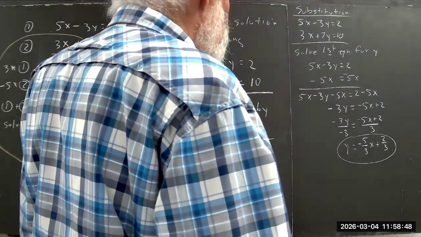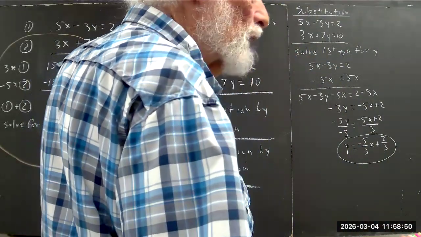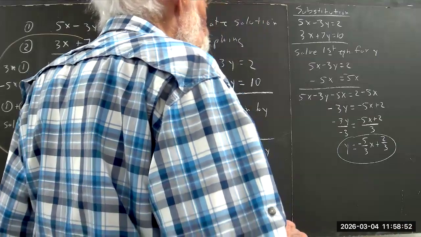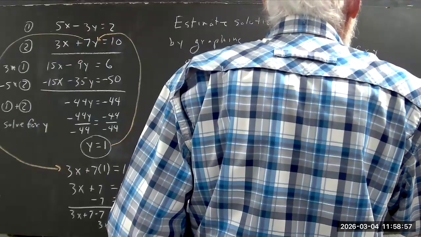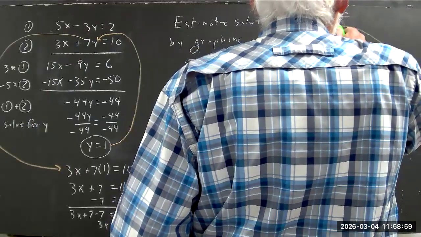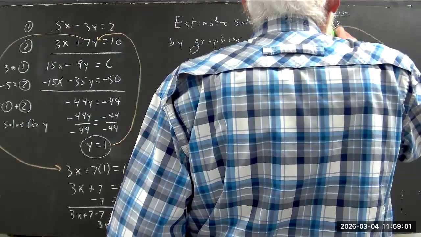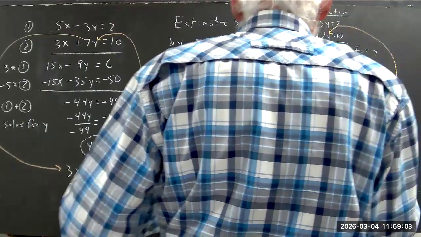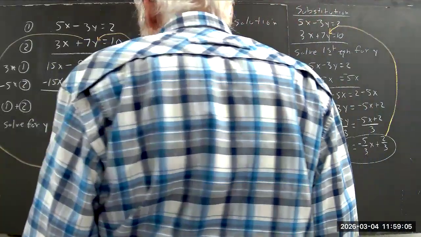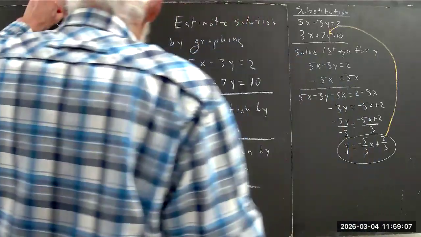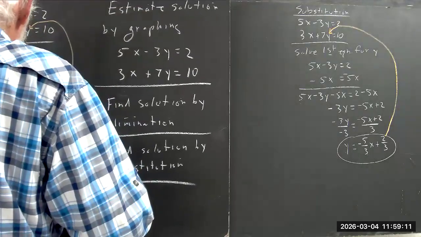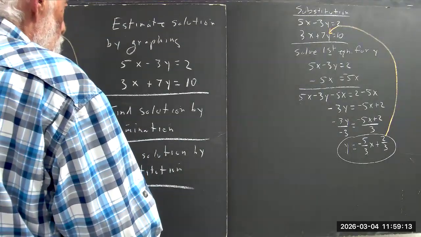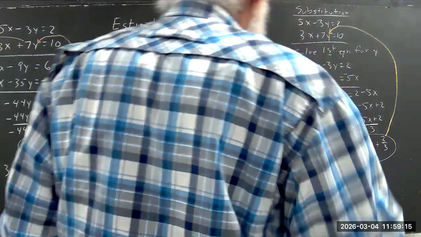Now, how do we get a solution to our system of equations? Well, we plug this expression for y into the second equation, for contrast. Maybe I should have done it into the first, but this will be okay.